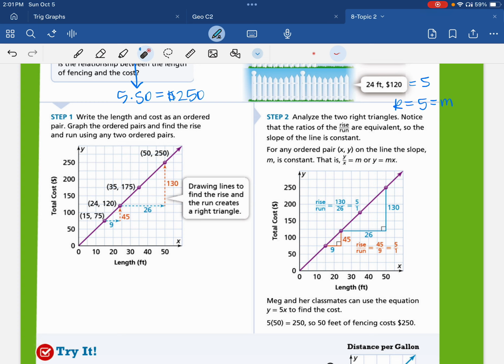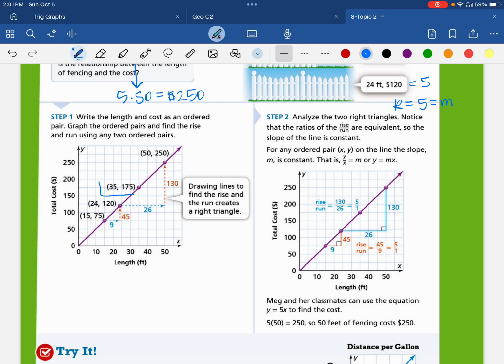There are several different ways that we can also come to the slope or the constant from this graph. So they're showing using 2 points and finding the run and the rise to get to the next point. When we have a proportional relationship, we can certainly do that to find the slope, or we can pick any one of these points and use those values to help us find the constant of proportionality.